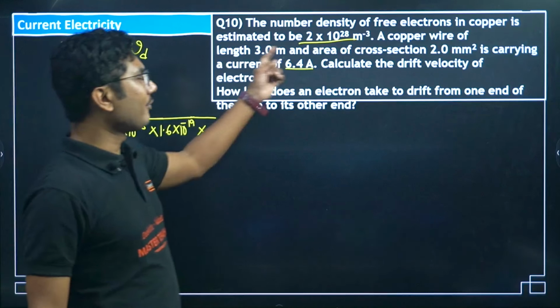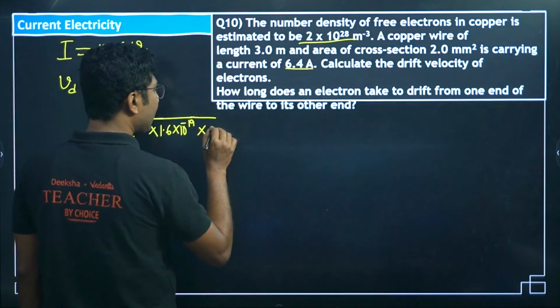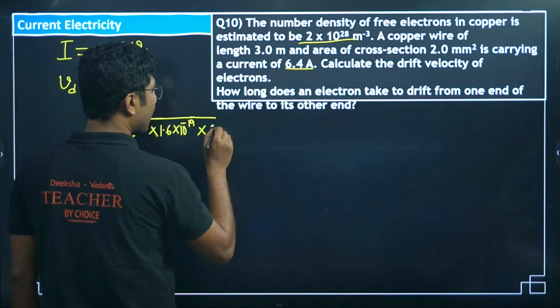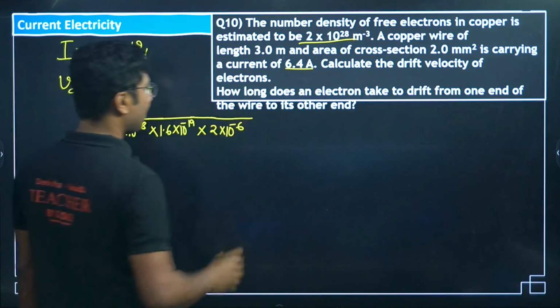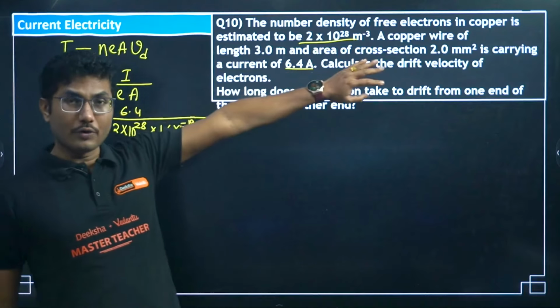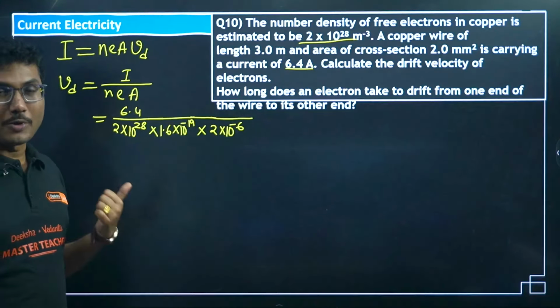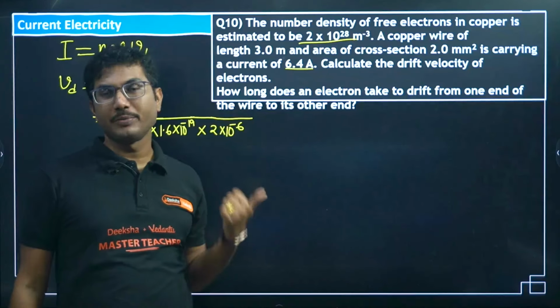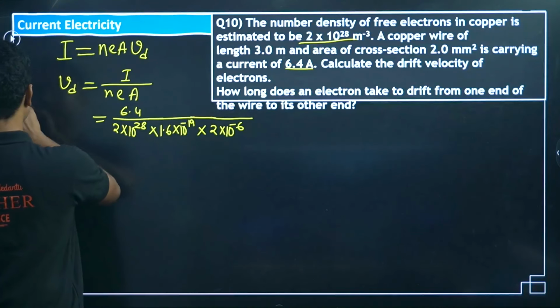Area of cross section is given as 2.0 millimeter square. So, millimeter square means 10 to the power of minus 6 meter square. You do not need to square the 2 only; 1 millimeter is 10 to the power of minus 3, so millimeter square will be 10 to the power of minus 6. Now, you have to just simplify this.